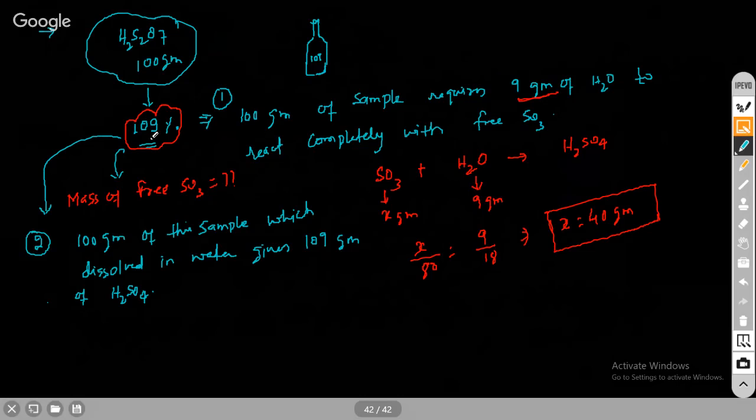Then again, if you have to find the mass of free SO3, we know the total mass of H2SO4 is 100 plus 18x by 80. We have calculated this just now in the previous slide. This should be equal to 109 because 109% is labeled. So when you solve this, again you will get x equals 40 gram. So both ways you can solve these kinds of questions.